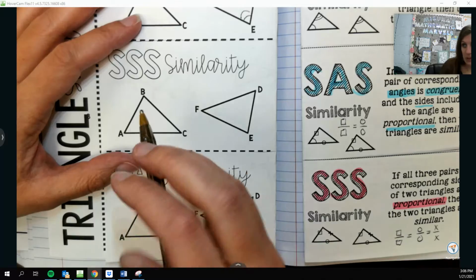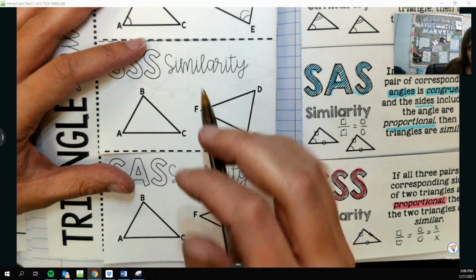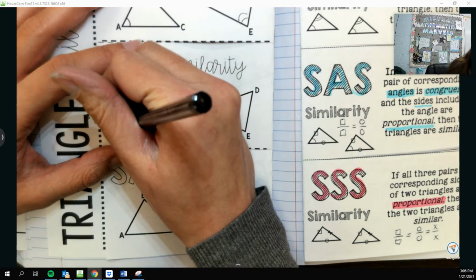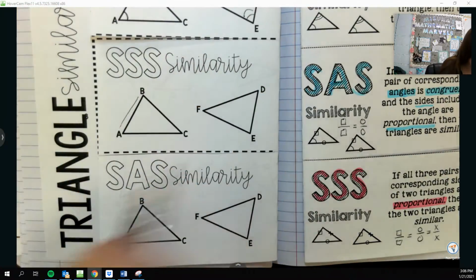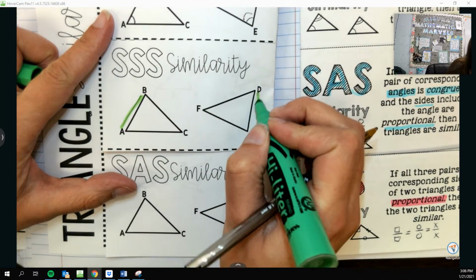I need all the sides to be proportional. So I can choose how I write the ratio, but maybe I do side AB. Actually, let's get color here. So side AB matches up with DE.